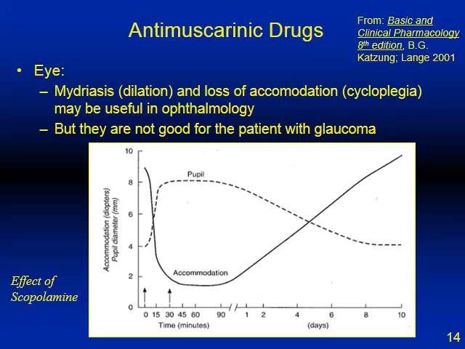If we were to look at this graph, on the y-axis we see accommodation or pupil diameter, and on the x-axis we see time after administration of scopolamine. And what you can see in this graph is that after administration of scopolamine, the pupil diameter increases, right? The dashed line increases, while the ability to accommodate immediately decreases.